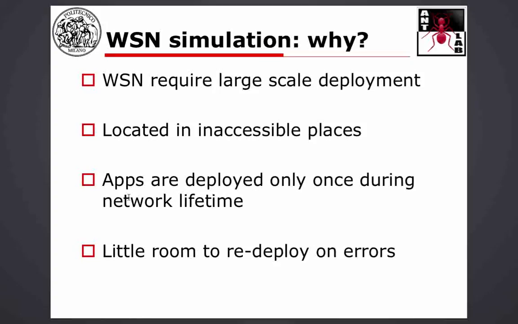So typically what you would like to do is to deploy your sensor network once you are 100% sure that the application is working correctly, right? And of course, it may be very costly to go there, make some changes, and redeploy the sensor networks again. So you want to simulate first, check that everything is correct, that everything works as you are expecting it to work, and then you deploy and forget it.